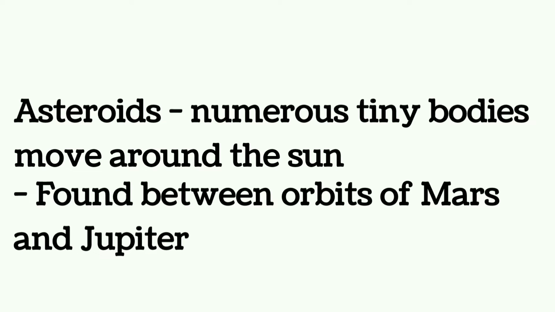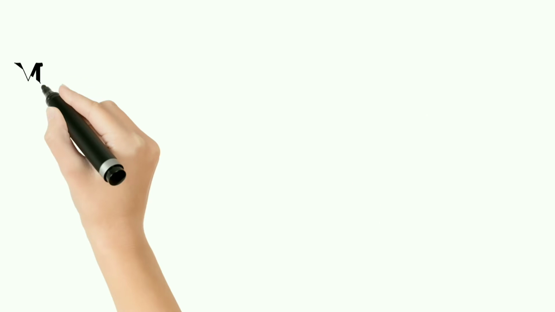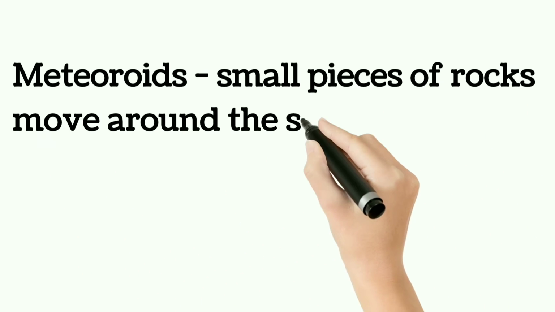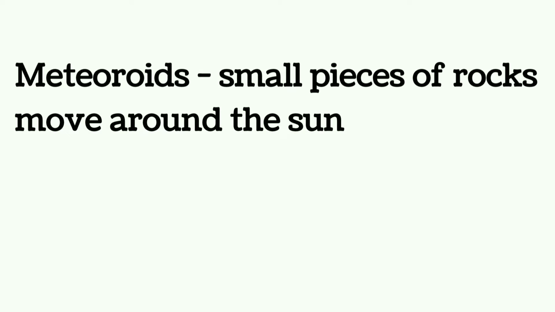Meteoroids are small pieces of rocks which move around the sun. So both asteroids and meteoroids move around the sun, but asteroids are tiny bodies, whereas meteoroids are small pieces of rocks. These asteroids can be seen between the orbits of Mars and Jupiter, whereas meteoroids can be found anywhere.